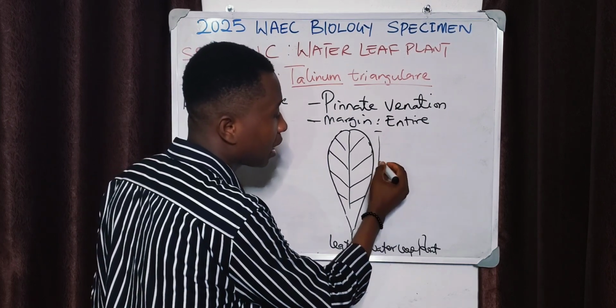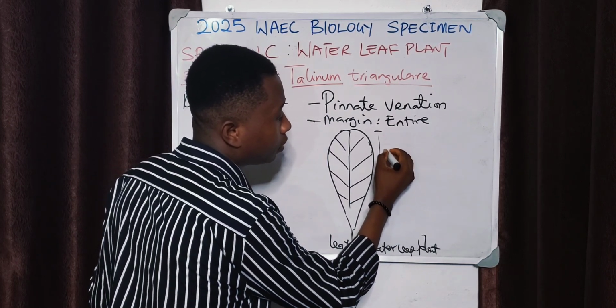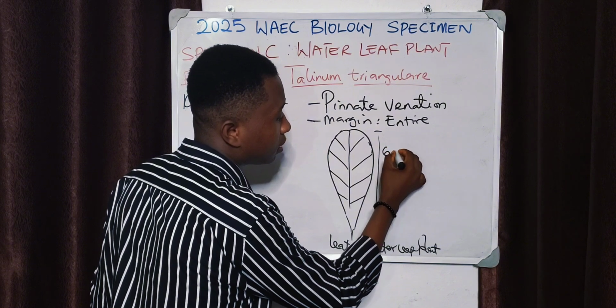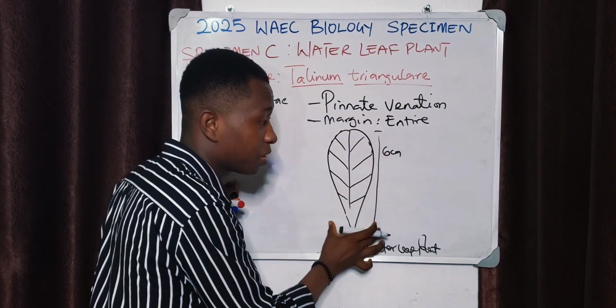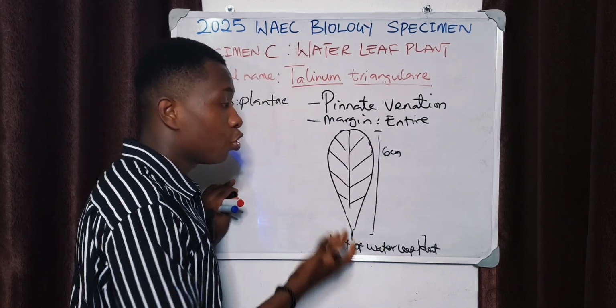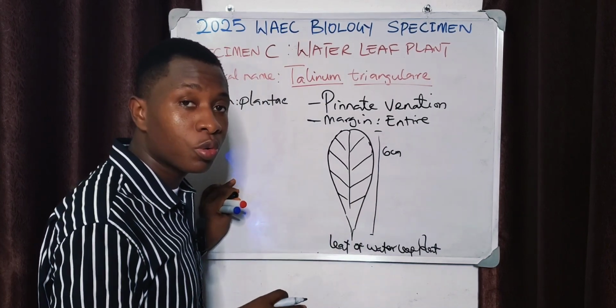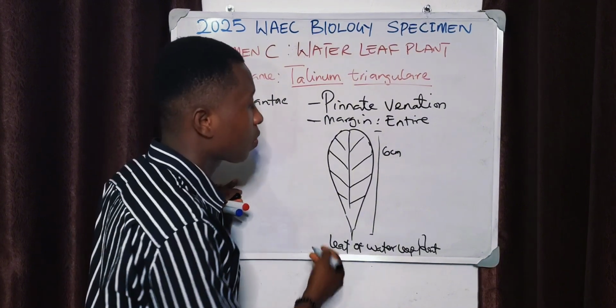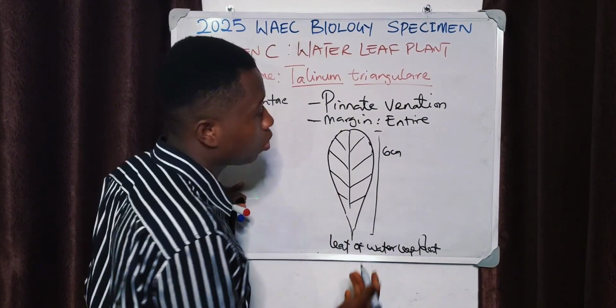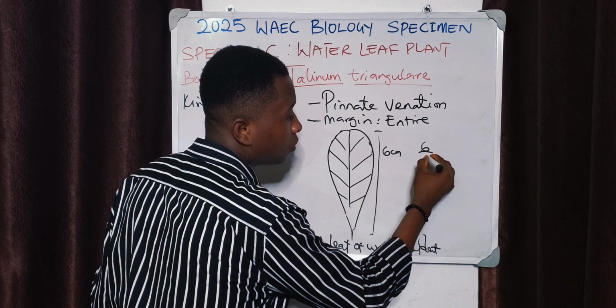Okay, so assuming this length is 6 cm, your physical specimen. Now you're measuring your physical specimen. Then you now measure your drawing in your book. So if your drawing is 6 cm as well, what you do is divide the both values.